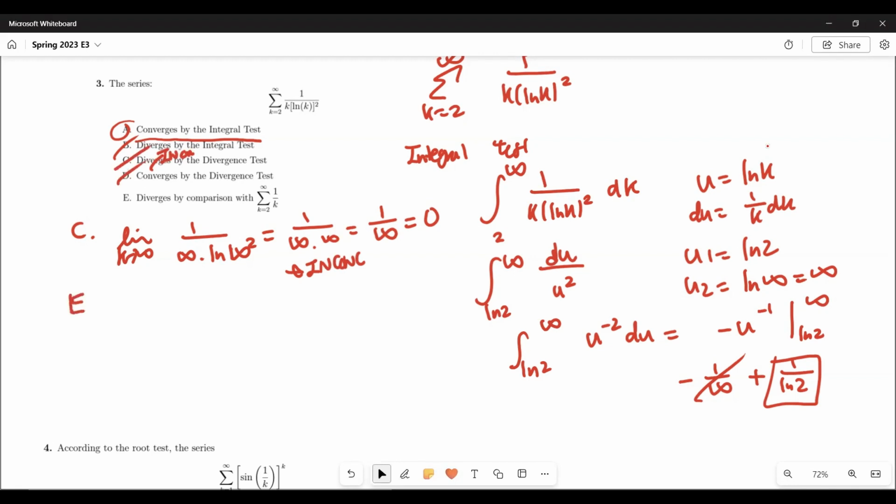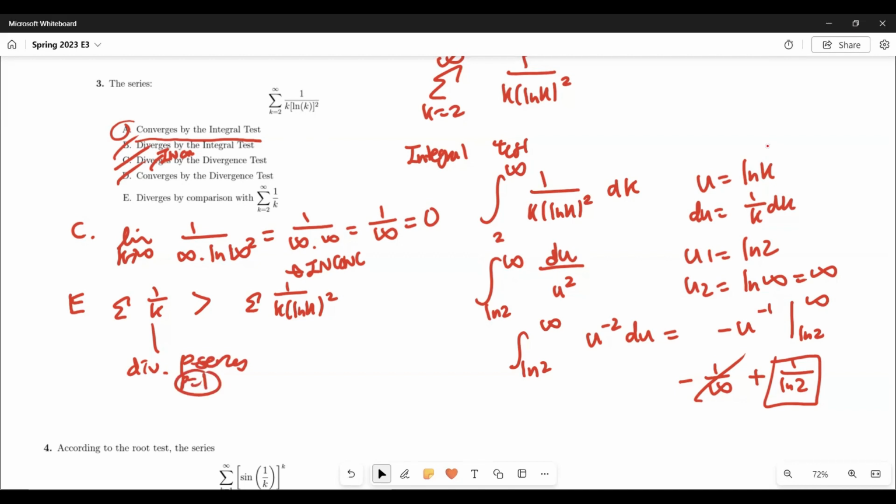So E, divergence by comparison test. Let's check 1 over k and 1 over k ln k squared. Okay, I'll just rewrite it. So since 1 over k ln k squared is smaller, 1 over k is the bigger one. And we know 1 over k diverges because of the p series test, because p is 1, the power is 1.